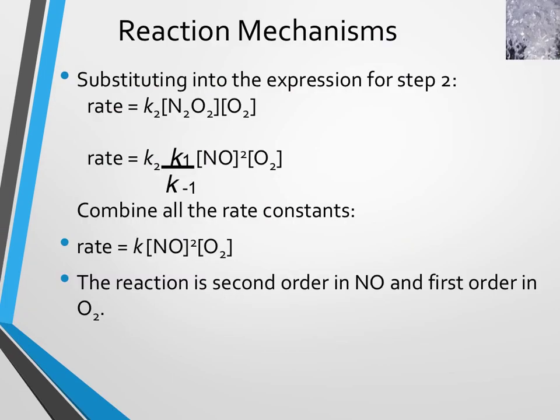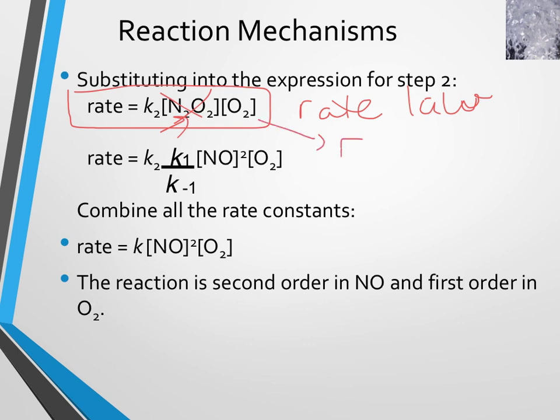So here we go. Here was the original rate law that we got when we assumed that step 1 was fast and step 2 was rate determining. Remember that we want to get rid of the N2O2 because it's an intermediate. So based on what I just said on the last slide, every time I see N2O2, I'm going to plug in what we found we could substitute for.